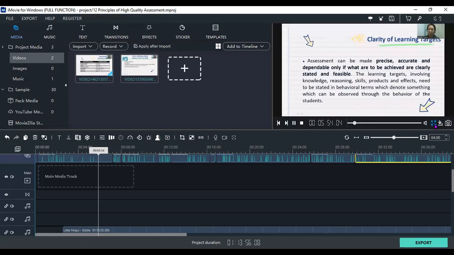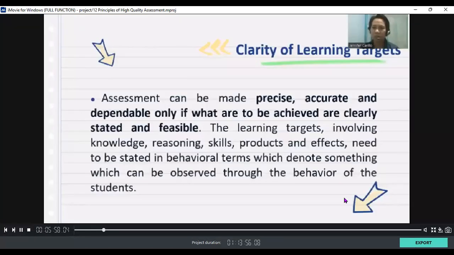So the learning targets are very important according to the systematic approach of teaching because it will guide the teacher on what theory, teaching strategy, teaching method, learning styles that the students will experience.